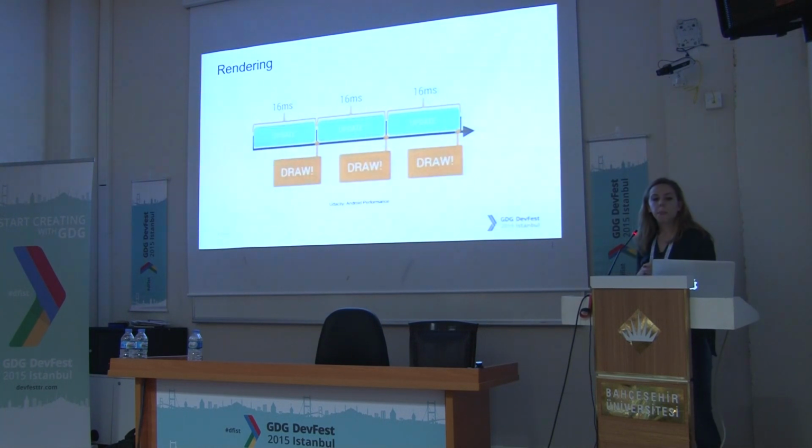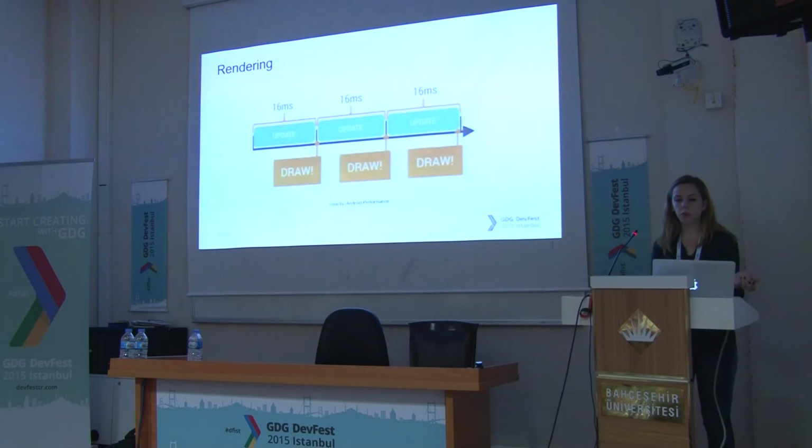Firstly, the system will redraw your application every 16 milliseconds. It means that the images, the graphics, all the things on your activity will be redrawn every 16 milliseconds, so it hits 60 frames per second. And you should complete your whole work within this 16 millisecond window. But what happens if you can't complete your job in this window?